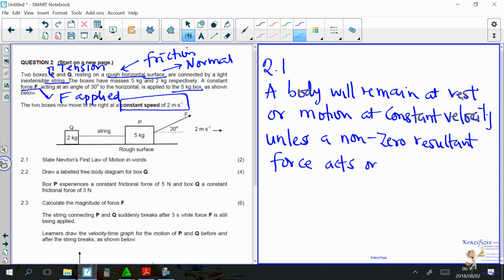You need to practice this over and over again. All right, a body will remain at rest or continue in uniform motion unless a non-zero resultant force acts on it. You get your 2 marks there.